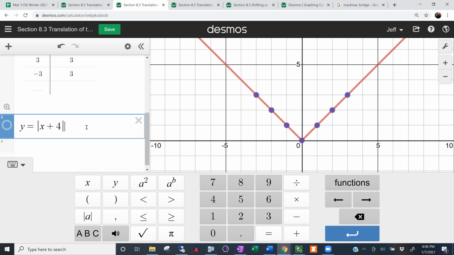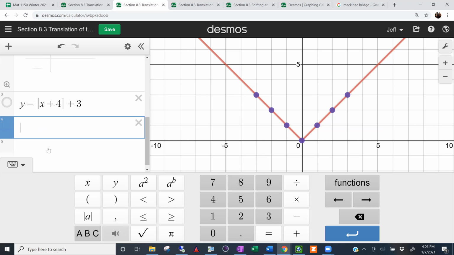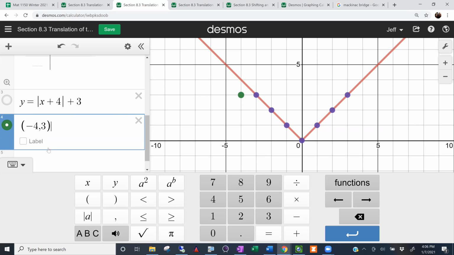In which direction? Hopefully you're saying to the left by 4. If you did, that's awesome. And then the +3 should shift it up by 3. So basically, I should have a point. In fact, I can plot where that point should be. That vertex should be at -4, 3. That's where the vertex of this graph should be.